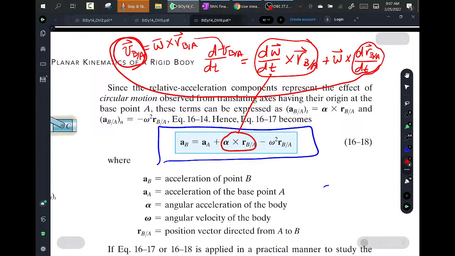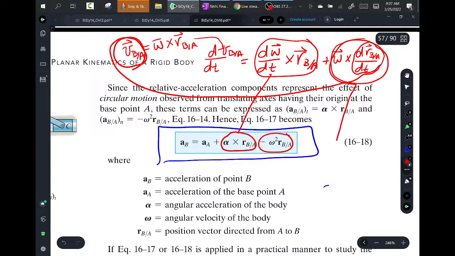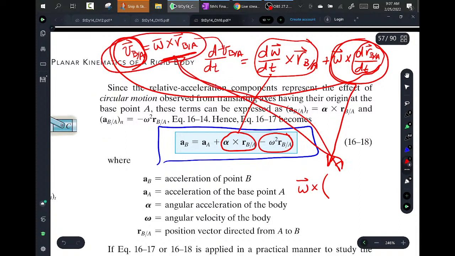So in fact, this last term is this one, in which if you write it out down here, becomes omega cross parentheses this part, because this is that. Omega cross R B to A.